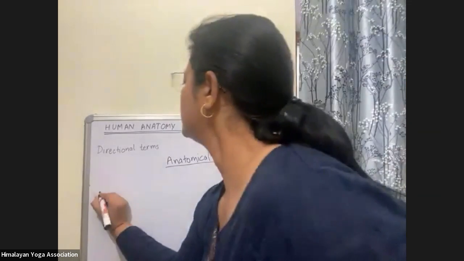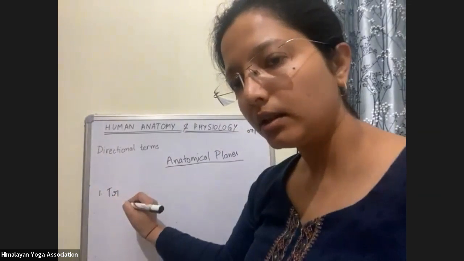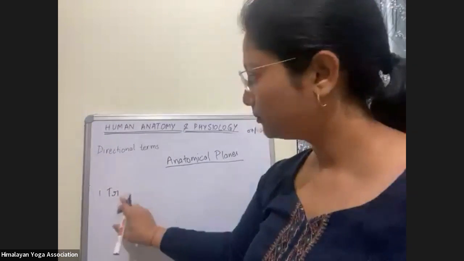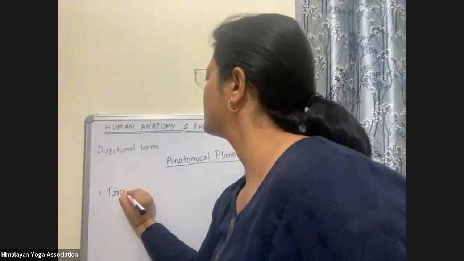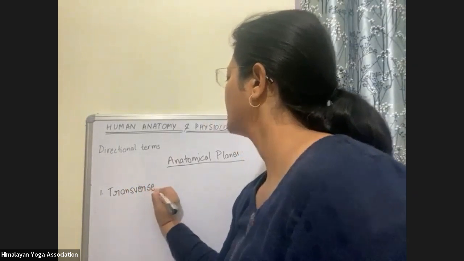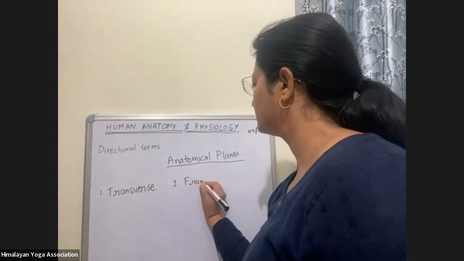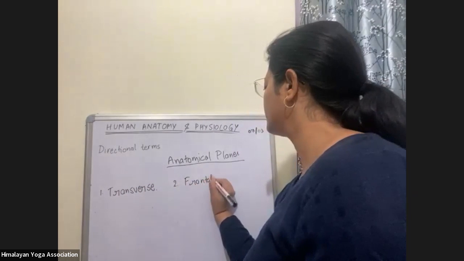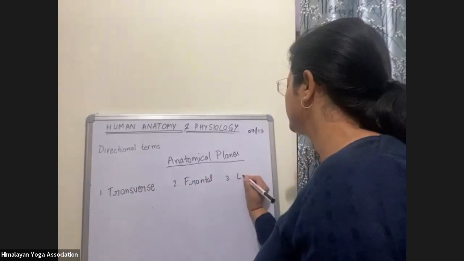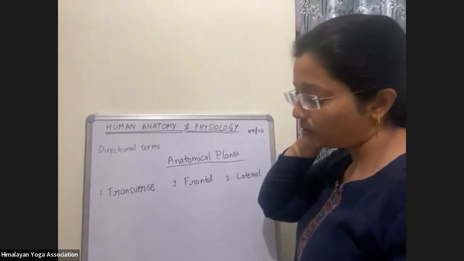So one is transverse. Second is frontal. And third is lateral. So what is transverse?